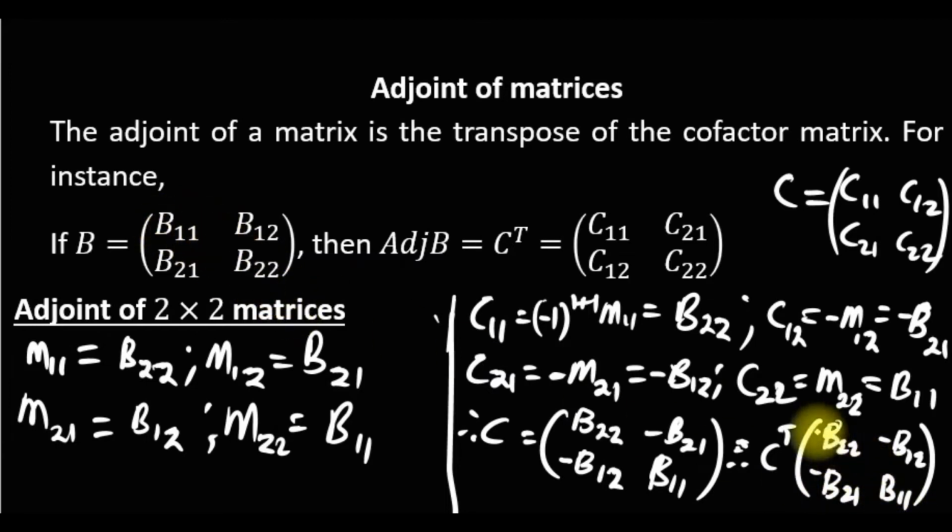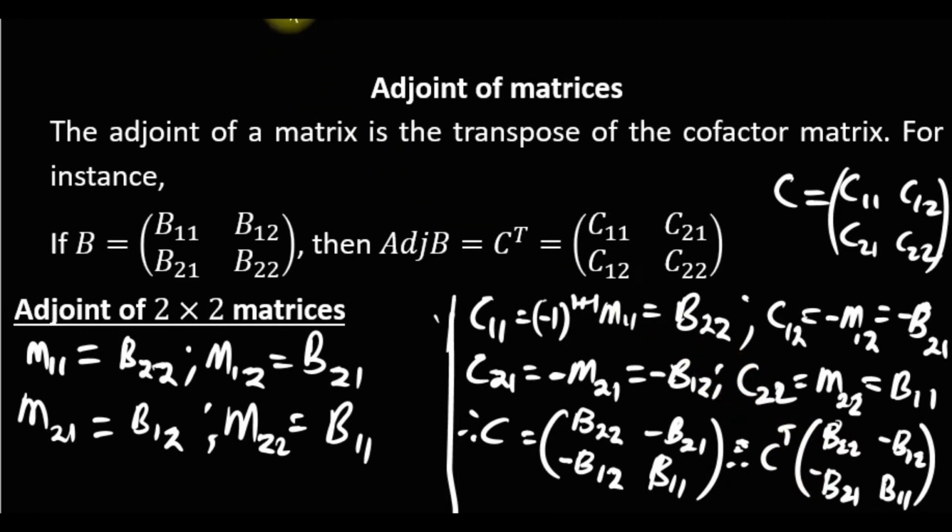You swap. And finally, you negate the elements of the other diagonal. See it. What is here is positive, what we have here is negative. So to get the adjoint of a 2 by 2 matrix is very, very simple.